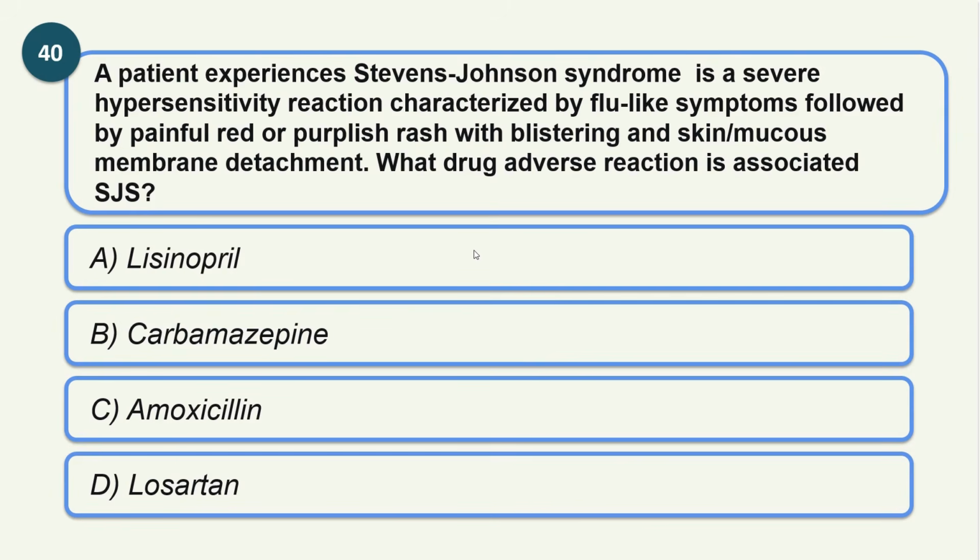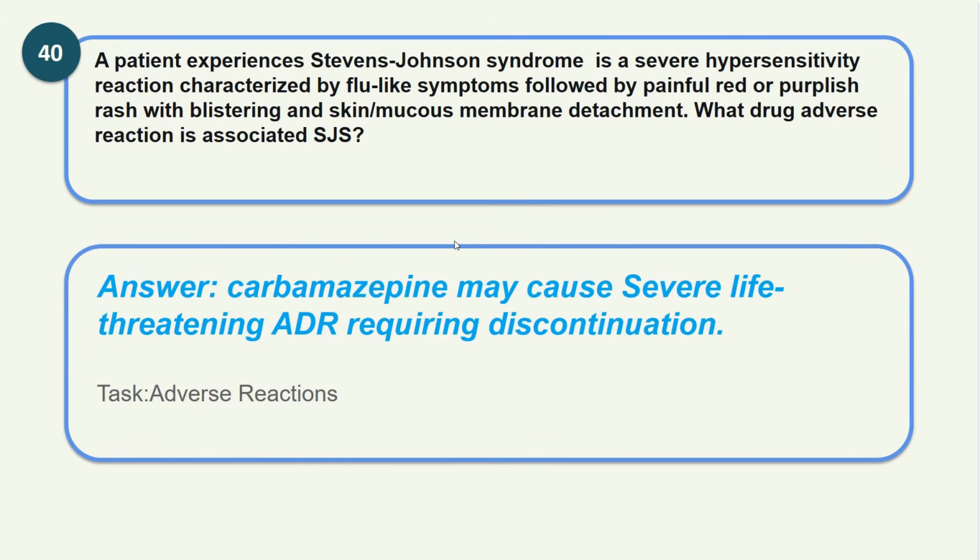A. Lisinopril, B. Carbamazepine, C. Amoxicillin, D. Losartan. The correct answer is carbamazepine. Carbamazepine is an anti-seizure drug known to cause this serious allergic reaction, which is an adverse drug reaction of carbamazepine.